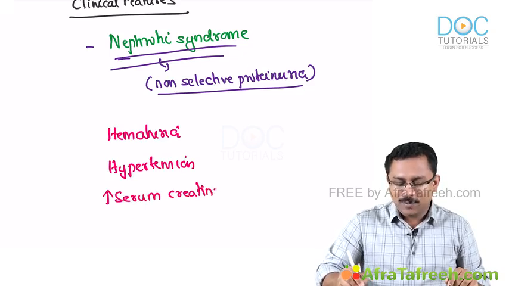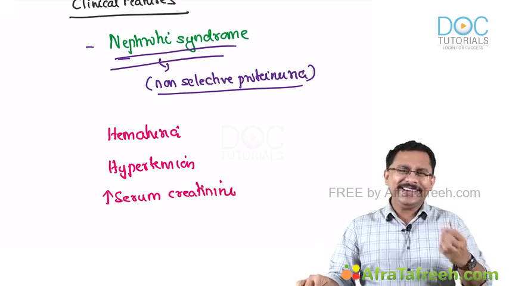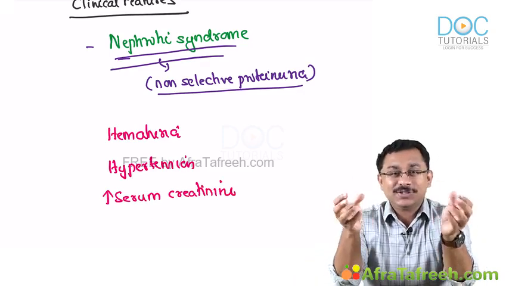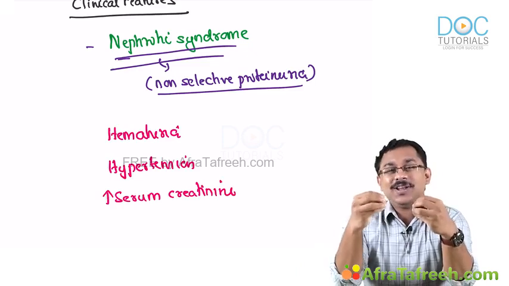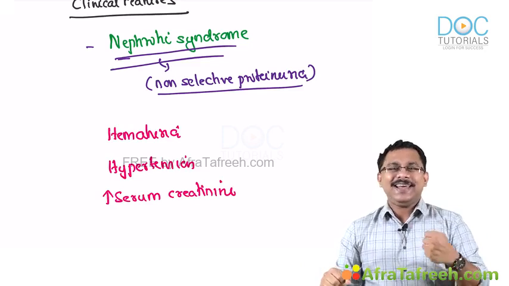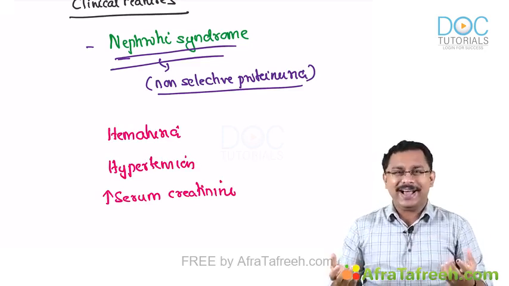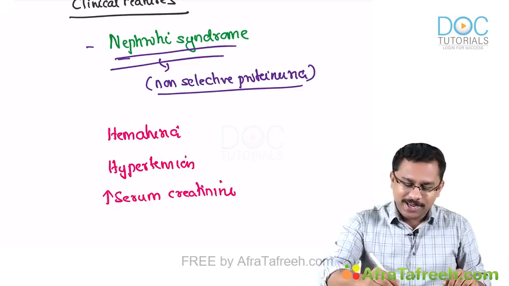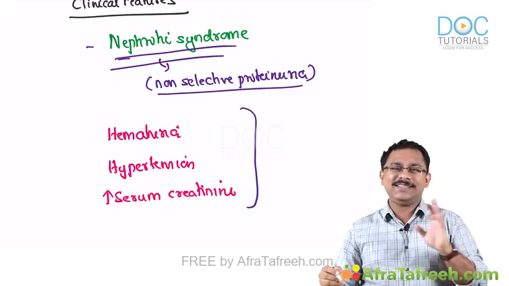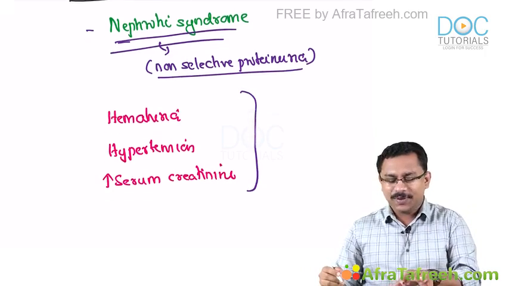Hematuria is mainly microscopic. If you ask me, classically nephrotic syndrome is associated with a normal BP. Yes, you are right, but that is mainly for minimal change disease. But a disorder like membranous nephropathy may have associated hematuria, hypertension, and raised serum creatinine, which is very important.